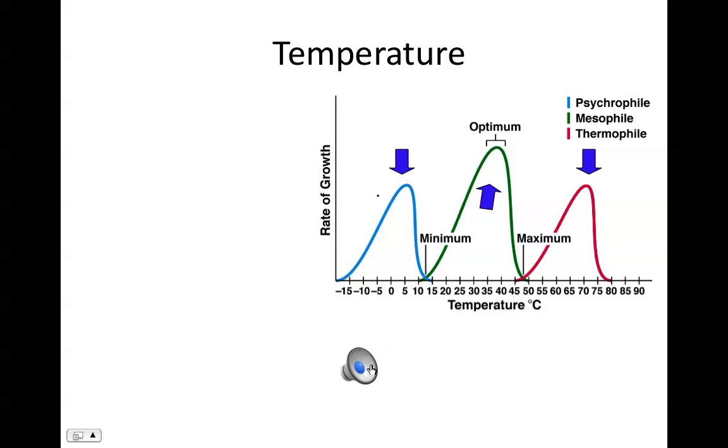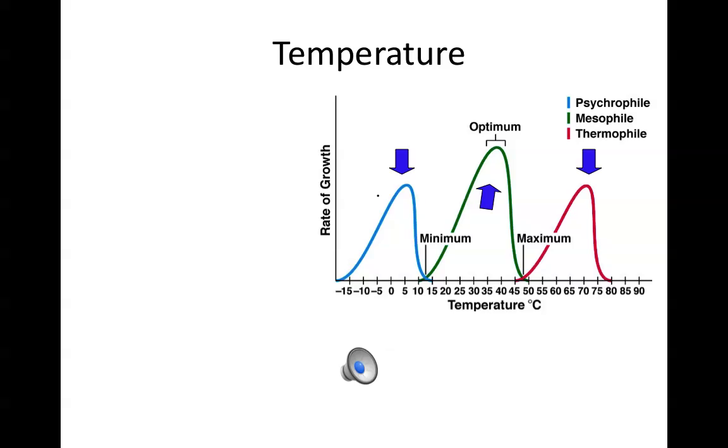If we graph out the growth, temperature versus rate of growth, we're going to find that the psychrophiles prefer cold temperatures, temperatures we'd even find in the refrigerator, anywhere from -4 to 30 degrees Celsius. The mesophiles prefer body temperature, ranging from about, let's say 10 to 15 degrees to about 45 degrees Celsius.